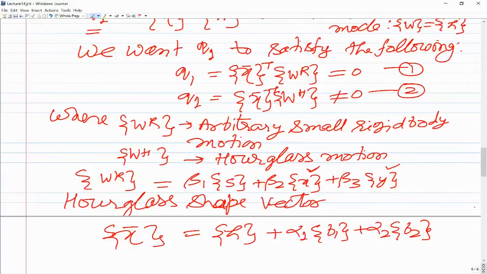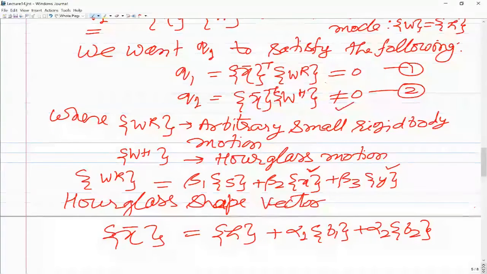Now once we have defined this gamma bar, you will see that equation 2 is going to be automatically satisfied, because when I take gamma bar transpose into wh, and wh can be simply, let's say, h itself, b1 into h and b2 into h would be 0, but h transpose h is going to be non-zero. So this is automatically satisfied, and we have to find alpha 1 and alpha 2 in such a way that the condition in equation 1 is satisfied.